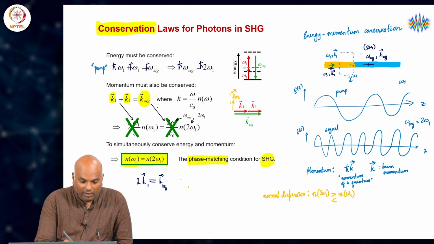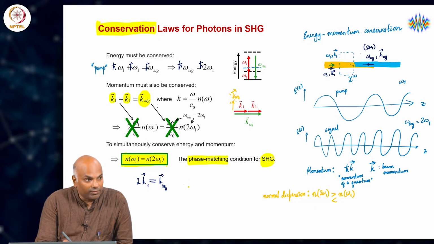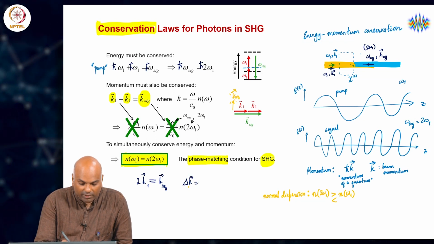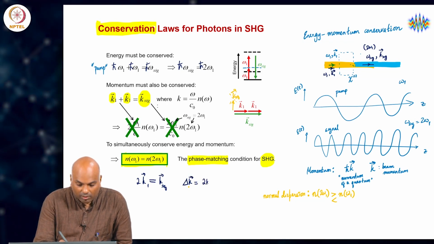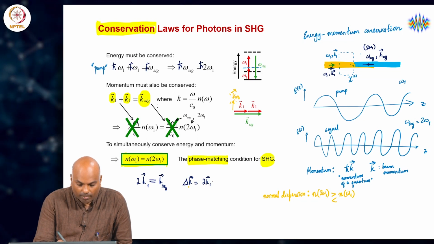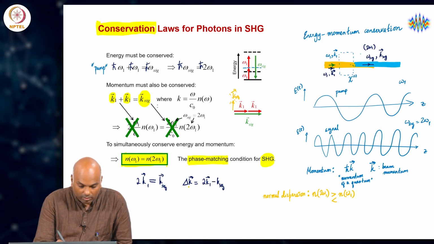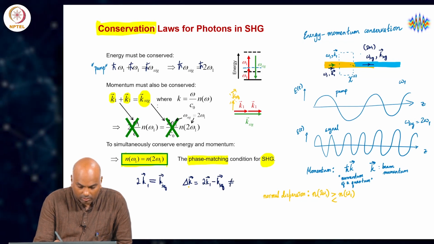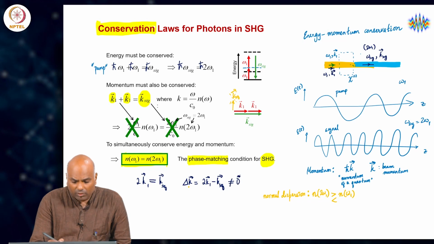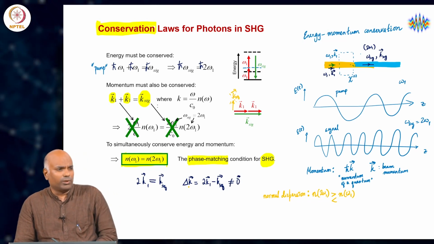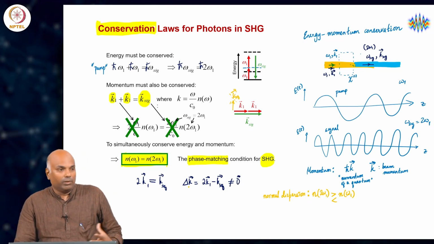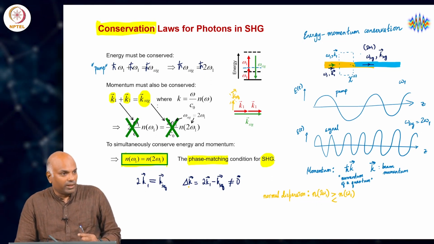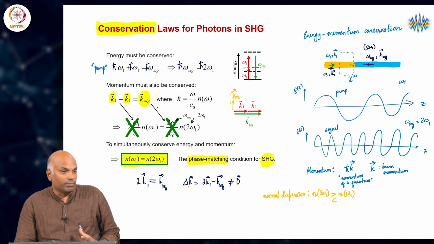In real life we can have a scenario where the delta k is not necessarily always 0, it could be very close to 0. We will see about this soon. So, a small phase mismatch can exist, but not a substantial phase mismatch.